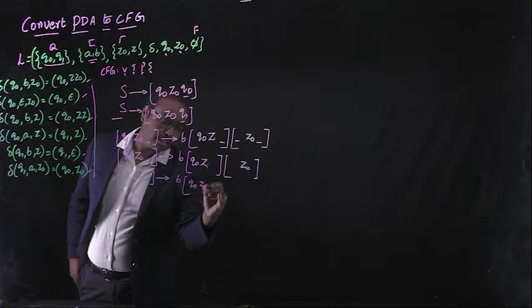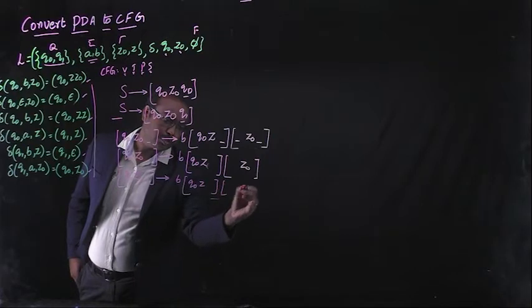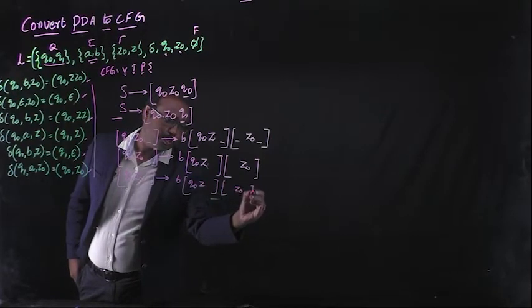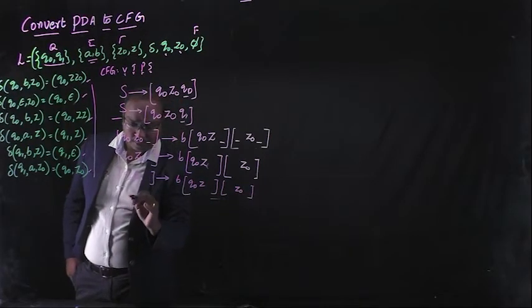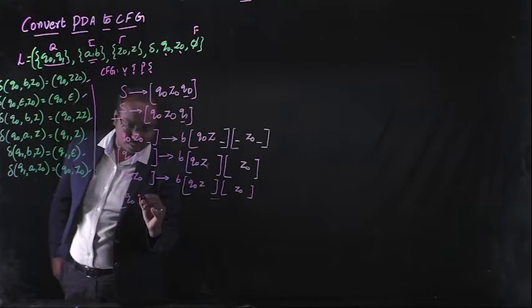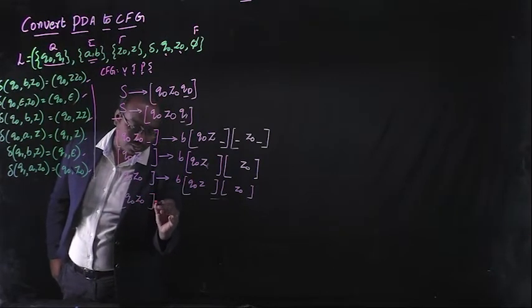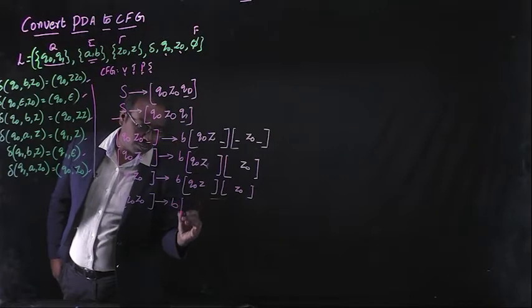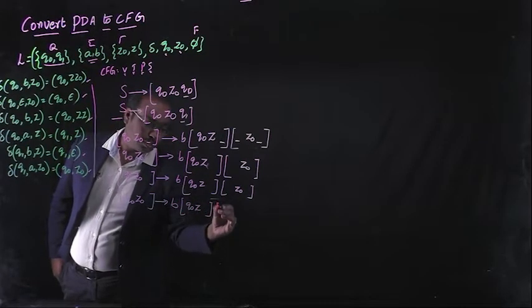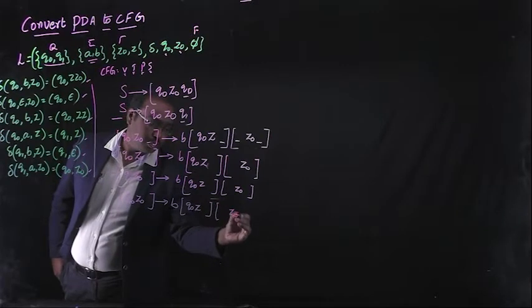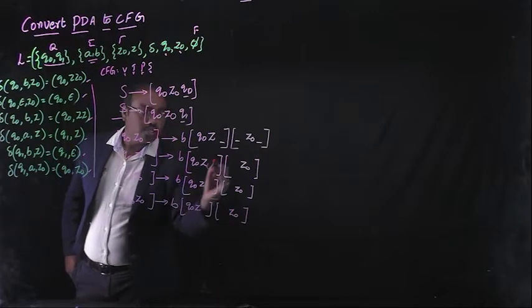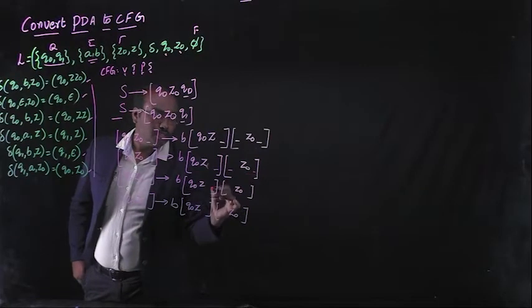Q naught Z naught tends to input symbol B, Q naught Z and Z naught. So here we have to fill these places with the states.